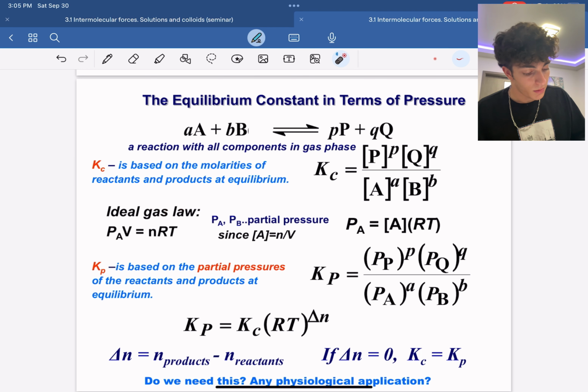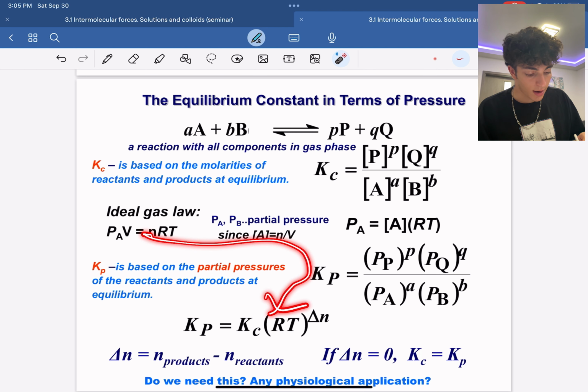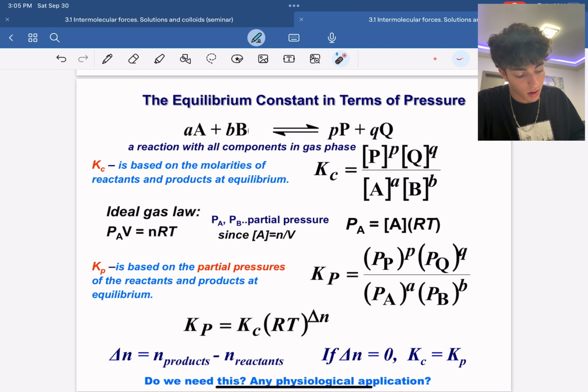Okay, now this is the ideal gas law. Okay, we don't really care about this right now, but what it helps us know is this guy. We derive this equation from it. So if they give you the equilibrium constant for concentration, R is a constant, the gas constant. I think it's 0.8026. Okay. Temperature, they'll give it to you. What's n? n is the difference in number of moles.